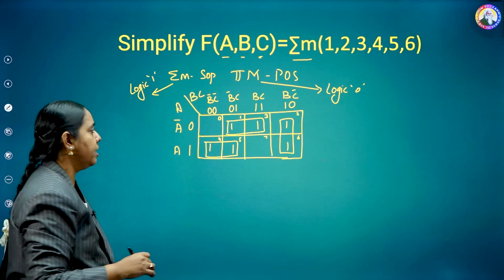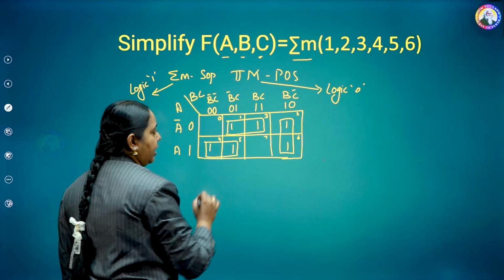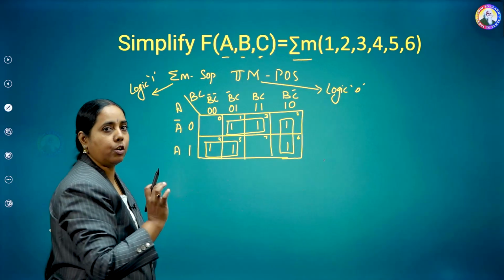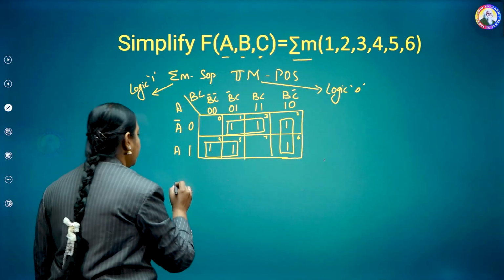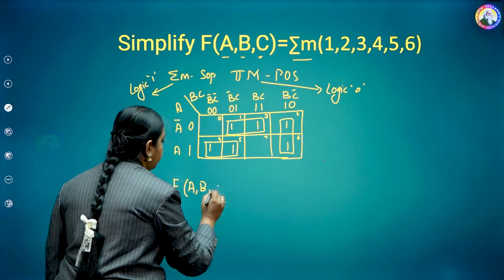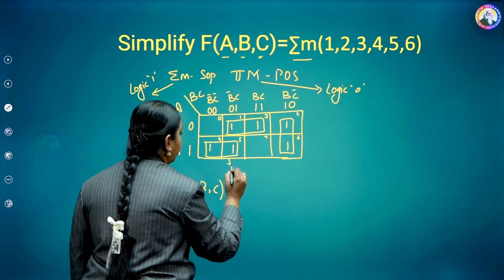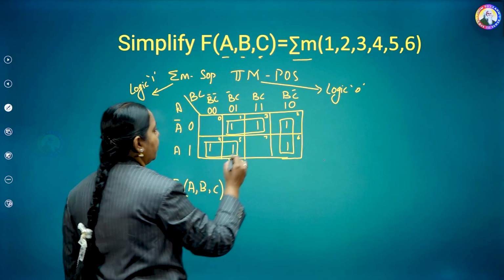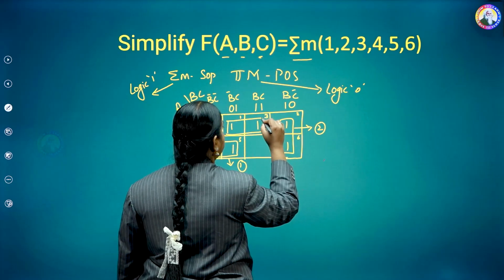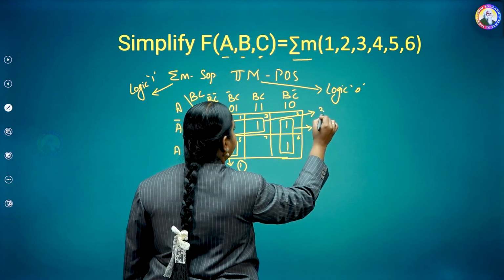After grouping like this, I need to represent the group terms. So f(a, b, c) equals: this is the first group, this is the second group, and this is the third group.